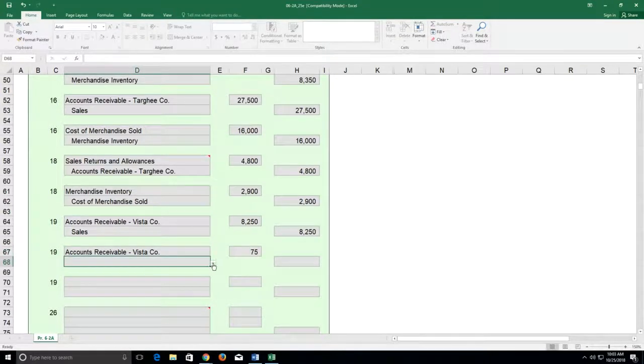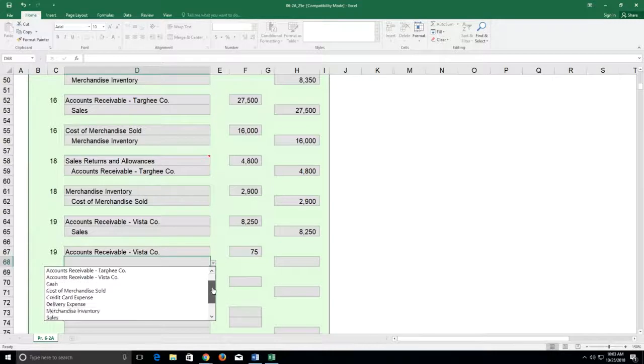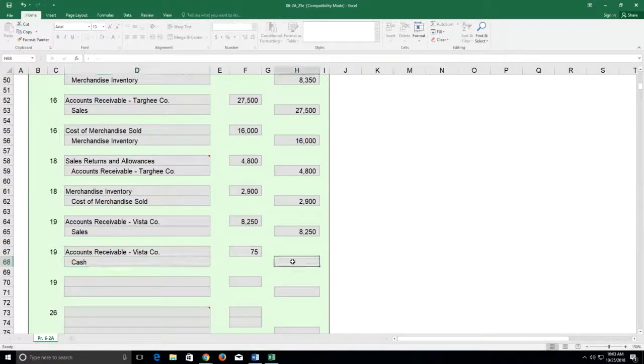Do we credit that to sales? What do you think? Who paid it? We did, right? It says prepaid freight. So we're crediting it to cash because we actually paid for it in advance and we added it to their invoice, and when they pay us, they'll pay for their merchandise and the freight at one time.